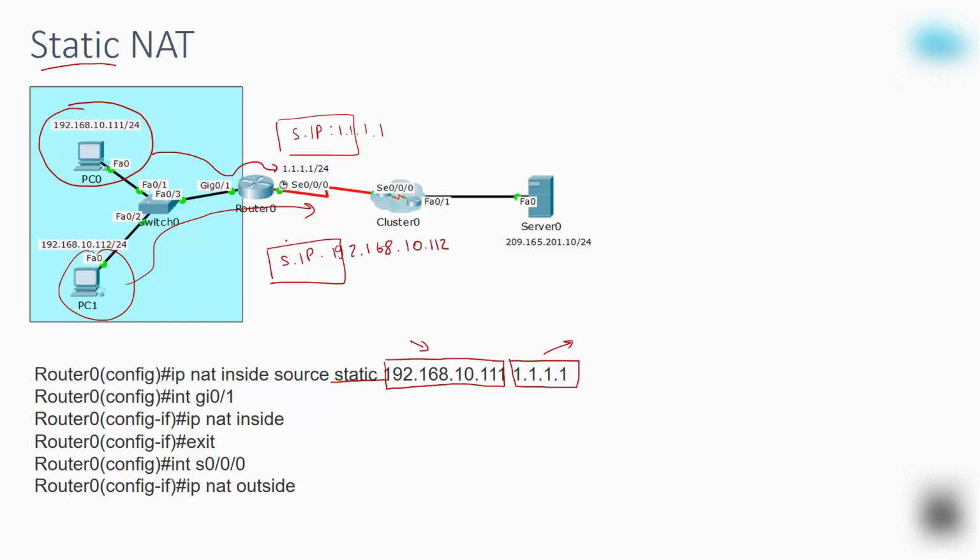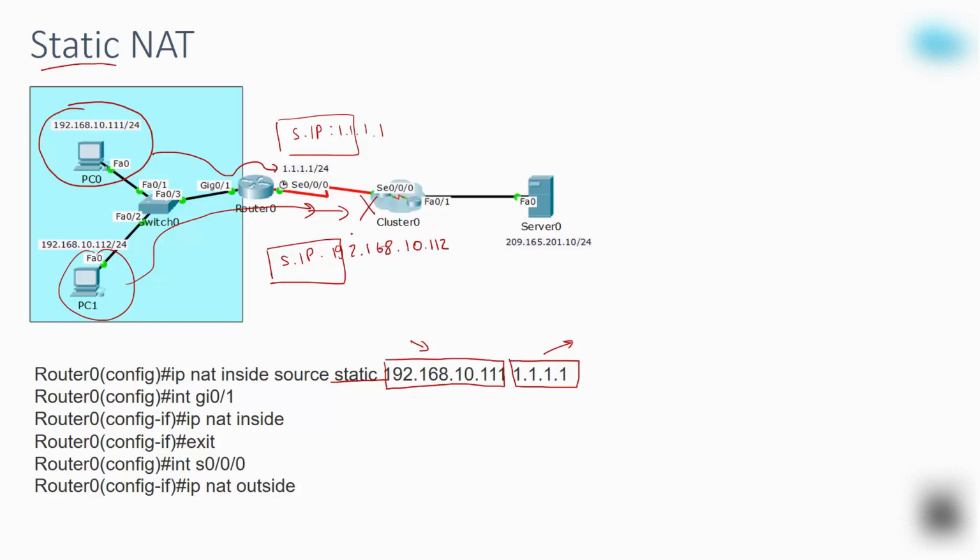So what will happen if our packet tries to leave through the router to the public network with the private source IP address? Then this packet will be destroyed.